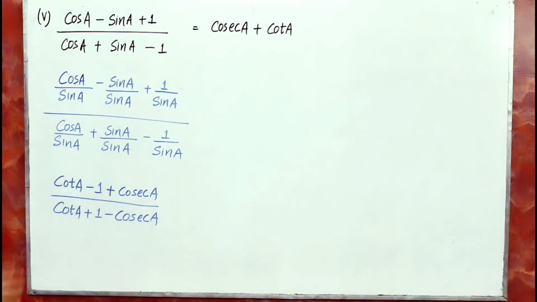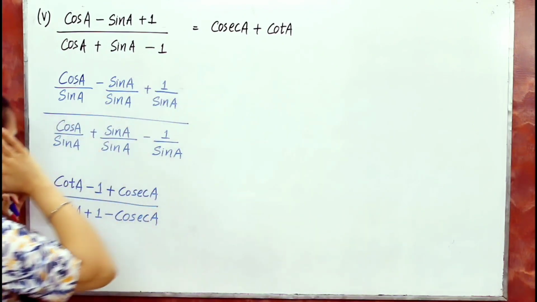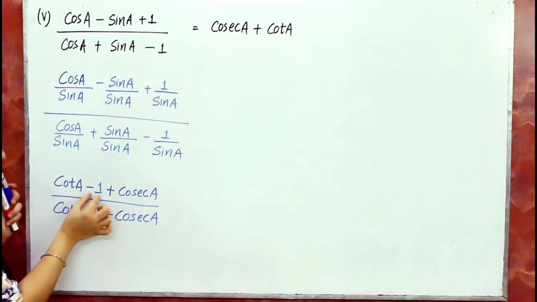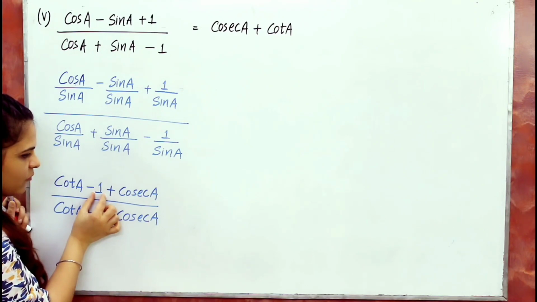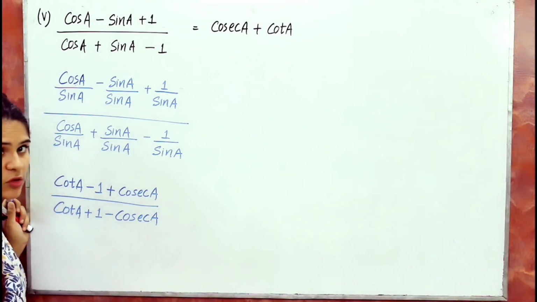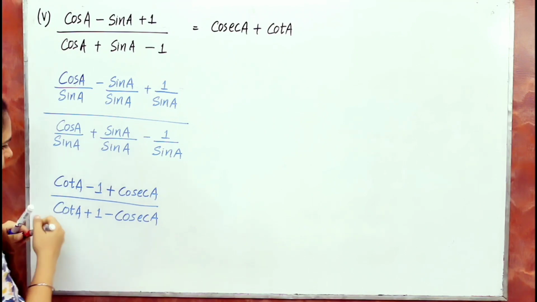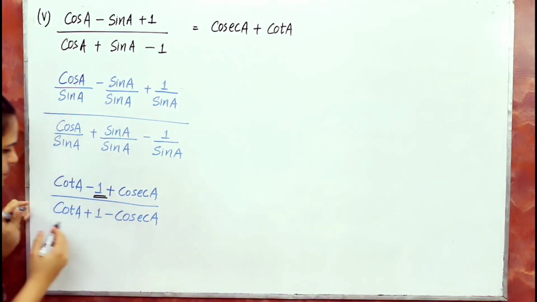Okay, now you have to convert it into this form. Students, we can convert this 1 in the form of cosec square A minus cot square A using a square relationship. So here I am going to convert this 1.